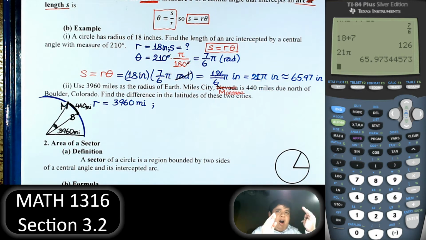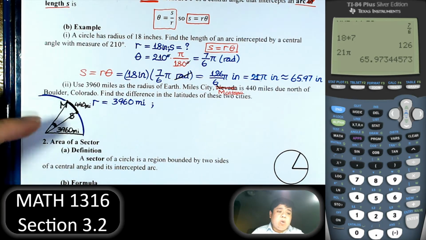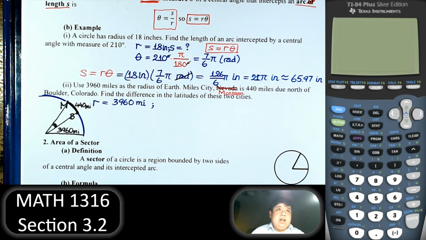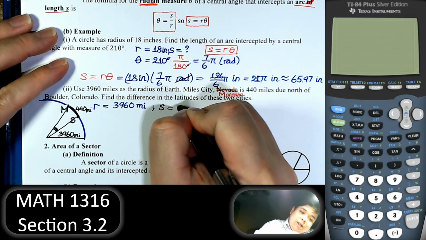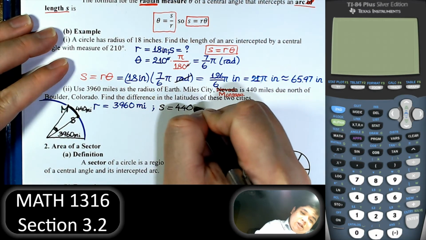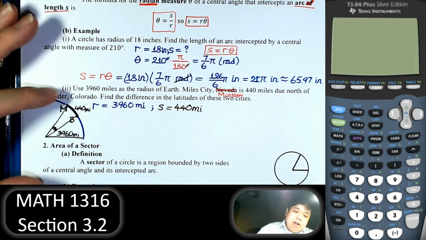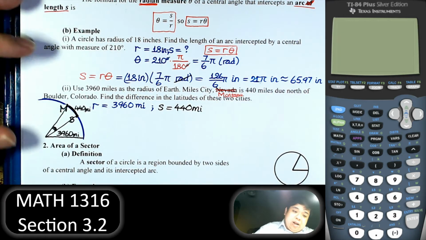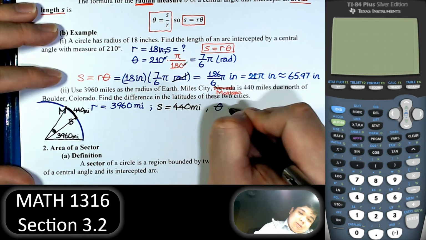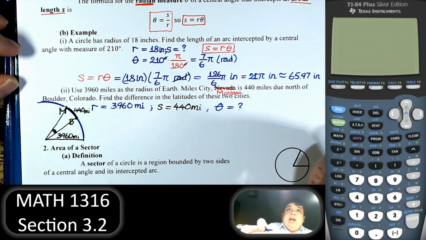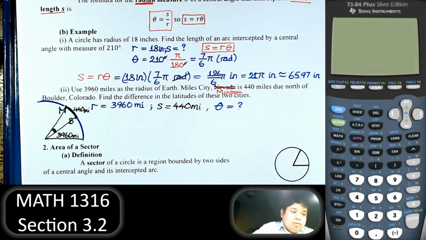If it is a little off, the calculation will be extremely difficult. So we can cut the Earth, take the cross section, and this is what we have. Basically, the arc length is 440 miles. The question is, what is the difference in latitude?